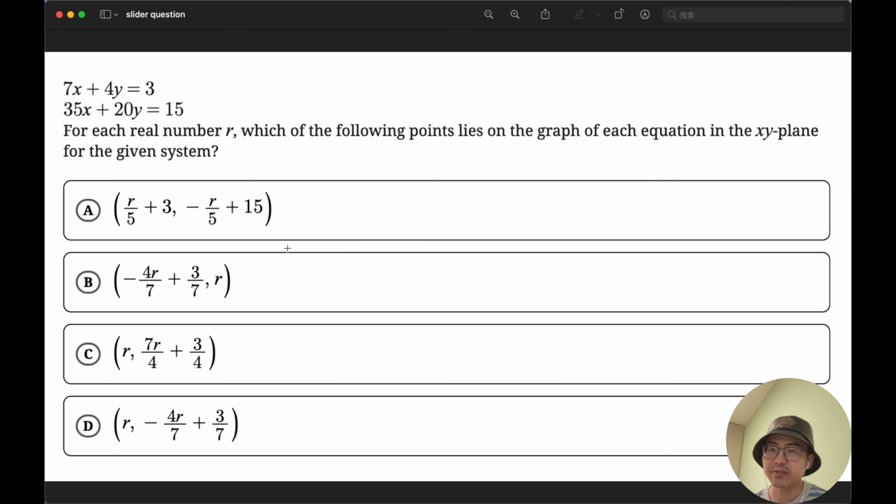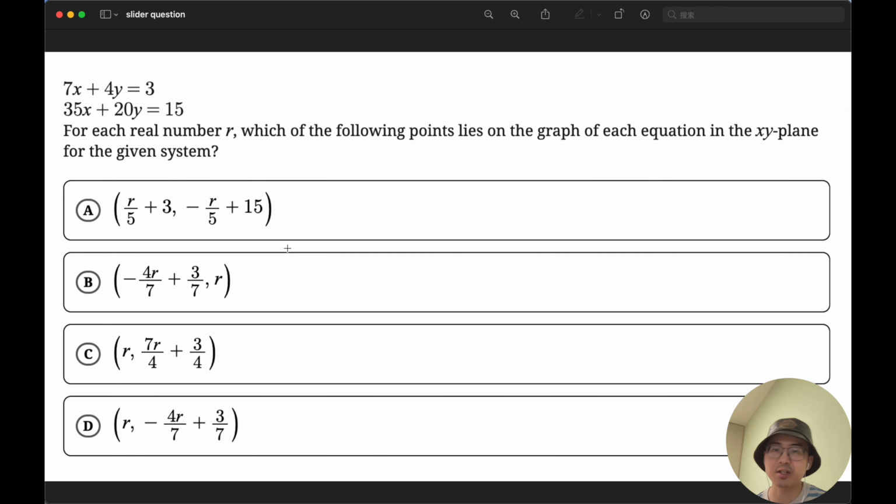Since the question says for each real number r, that means no matter what value we give r, the right choice will always satisfy the system, right? So if we give different specific values for r, and no matter what value of r it is, that point always satisfies the system, that would be the right choice.